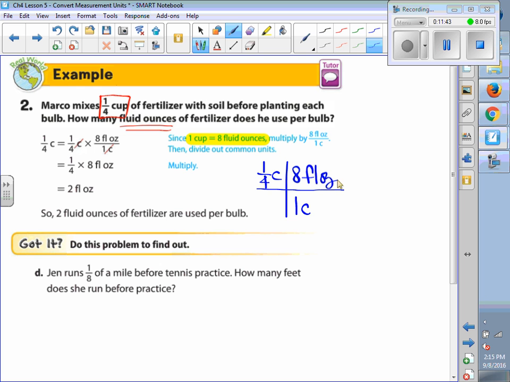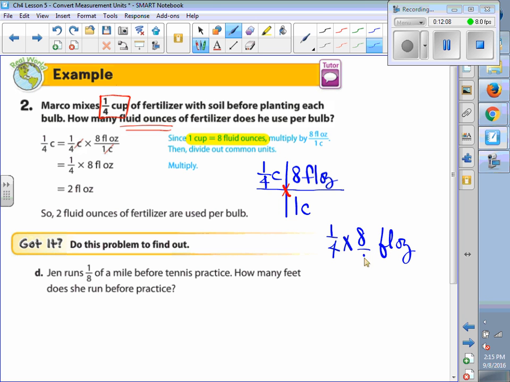Is everyone with me? All right. So now this just becomes multiplication. And what are we multiplying? 1/4 times 8 over 1. And my units are going to be fluid ounces.